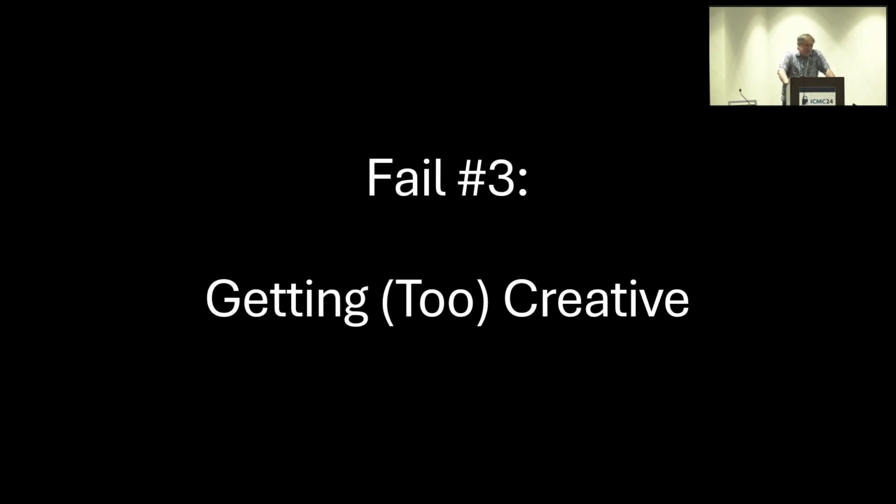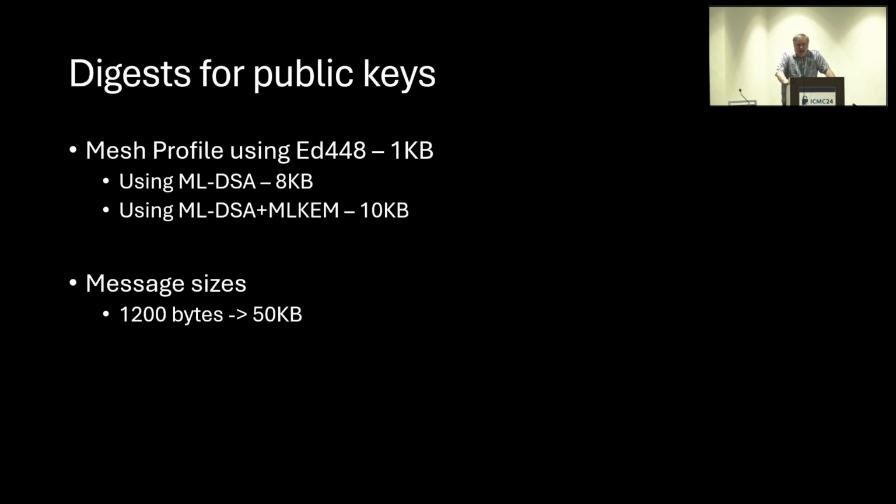And so the third fail is getting too creative. You've got this running system that works fine, and you just got to squeeze in that PQC, and it's taking a few too many bits. And this is hitting me hard with my profiles. Mesh profiles using elliptic curve are only a kilobyte.